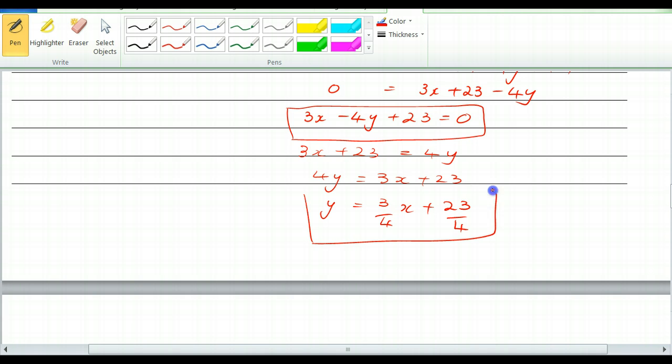So this is now in the alternative form, remembering these are the same line, just different equations for it. One is in the form ax plus by plus c equals 0. This is in the form y equals mx plus c. This is the line that we've found. It has a slope of 3/4 and it passes through the y-axis at the point 23 divided by 4, which is 5 3/4.